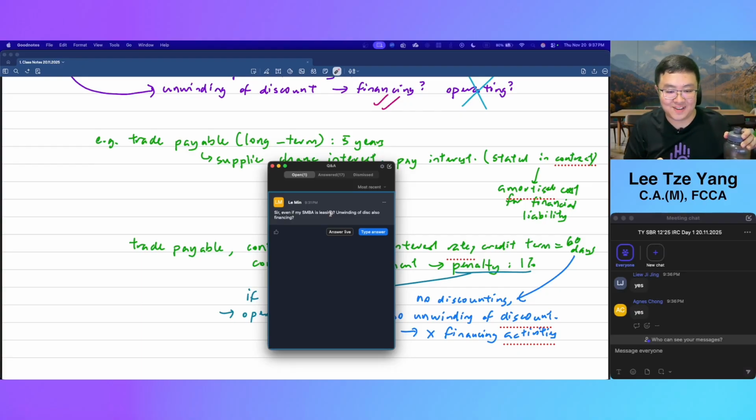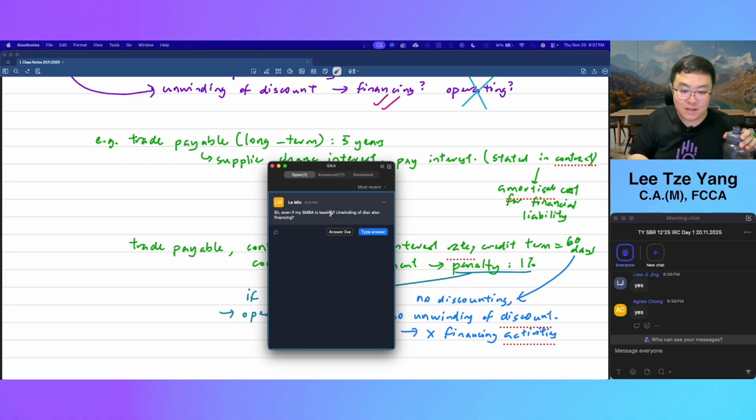It cannot be financing. You need to be clear, because if you say SMBA is leasing, then we are talking about interest income. So it's the question of is it under investing or operating? I would think that if leasing, it means their principal activity is to provide finance to customers, so it can be under operating rather than financing.